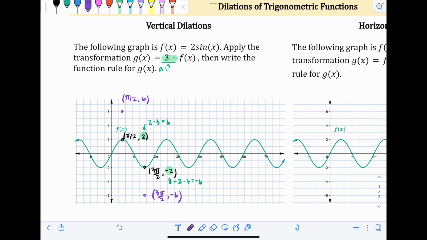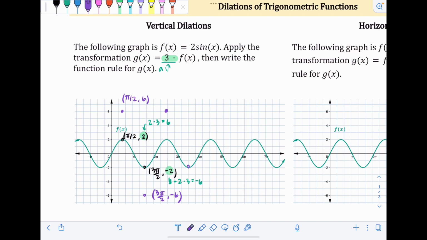Since we pulled out our maximum and minimum, that's going to be the same for all of the maximums and minimums. They're all going to get pulled to a height of 6 or negative 6. So this one, I can pull straight up right here. I think that's a little bit off. This one, I can pull straight up and put a height of 6 right there.